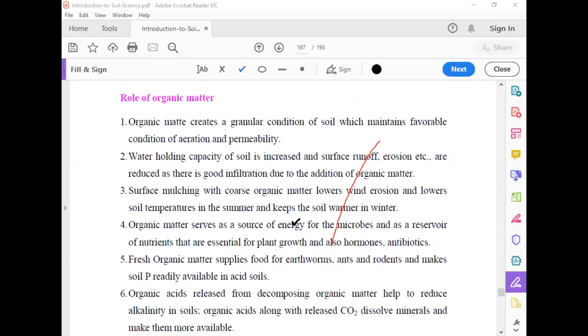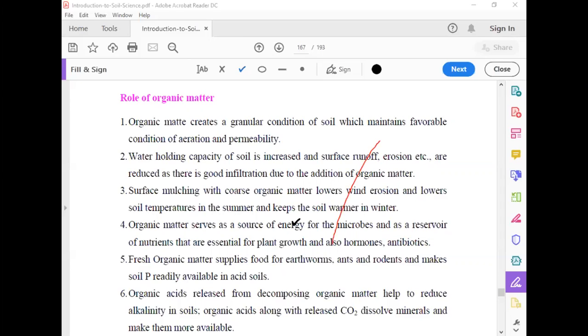And the last part, that is the role of microorganisms for decomposition of organic matter. As you know, organic matter having micropores creates a granular condition of soil which maintains aeration and permeability.